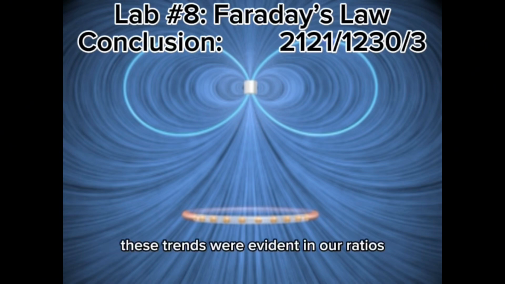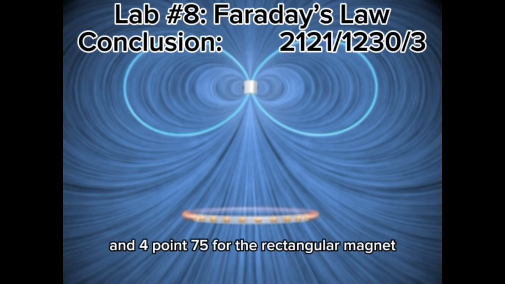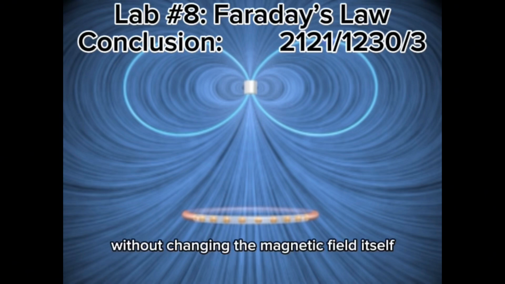These trends were evident in our ratios: a baseline of 1, 0.78 for the cylindrical magnet, and 4.75 for the rectangular magnet. We then designed an additional trial to increase the induced voltage by 20% without changing the magnetic field itself.